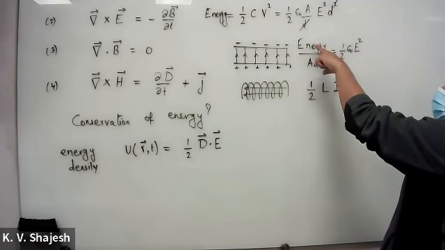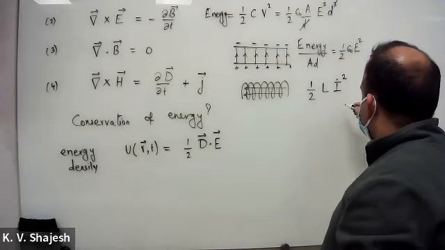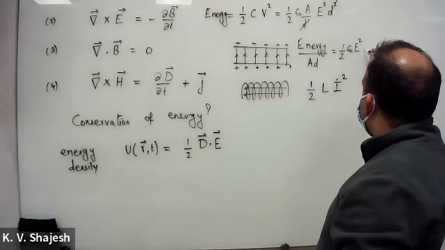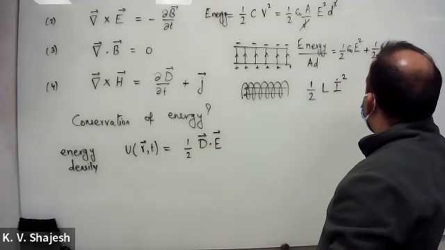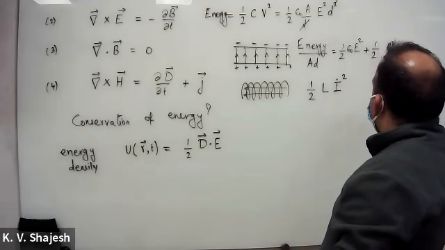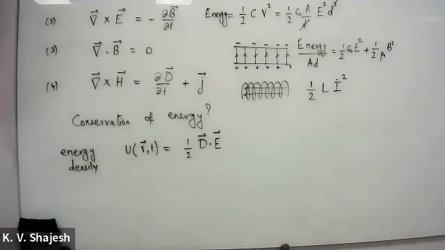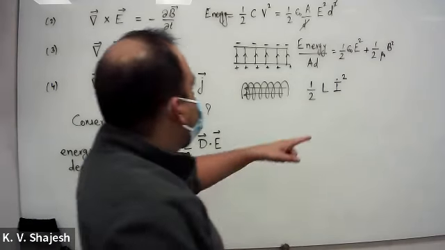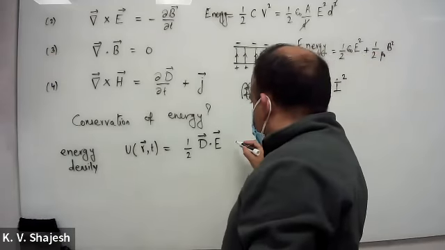But we are again interested in energy per unit volume, and that comes out to be half B squared over mu naught. Take the mu naught to the numerator, replace B with mu times H, and this is also equal.